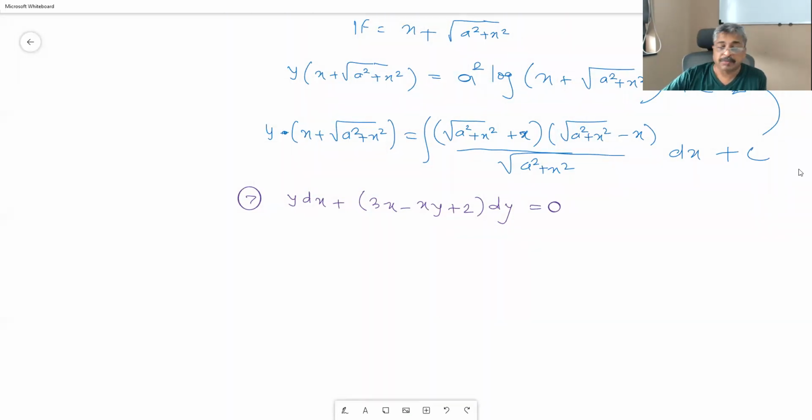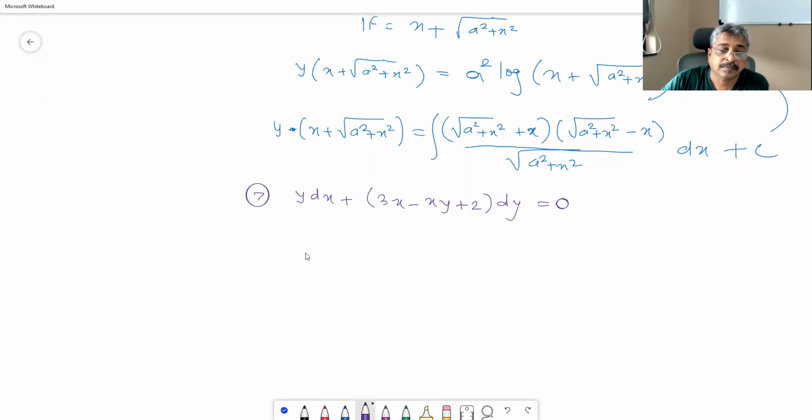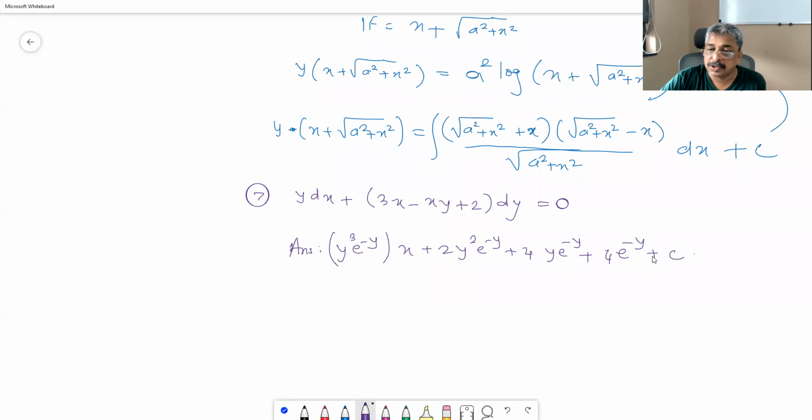You cross check whether it is correct because every student is showing different form. y answer: y cube e raised to minus y times x plus 2y square e raised to minus y plus 4y e raised to minus y plus 4 e raised to minus y plus c or minus c is equal to c.